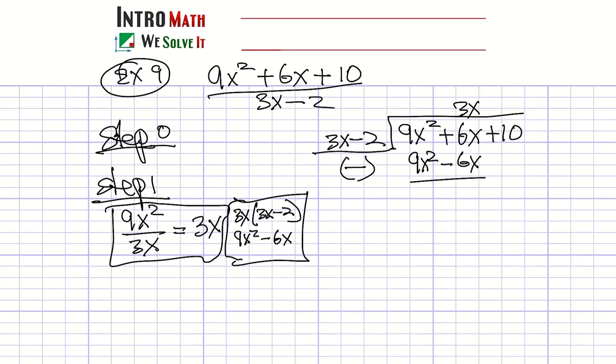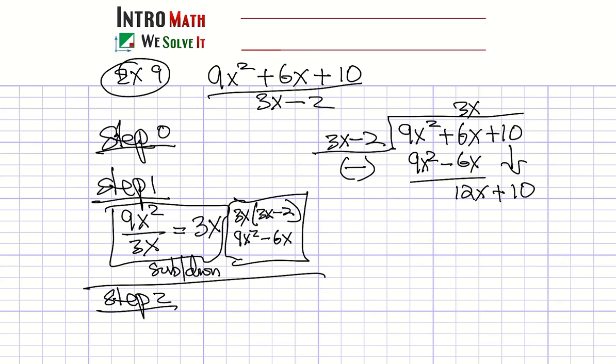Negative 6 becomes positive 6. Then it becomes 12x, okay? We'll bring this down. It becomes plus 10. Okay, so we'll subtract it. We brought it down. Okay, and then we'll do the other step, step 2.